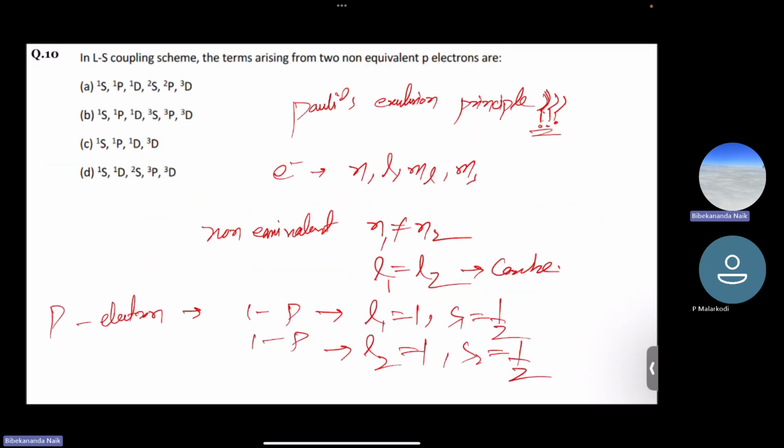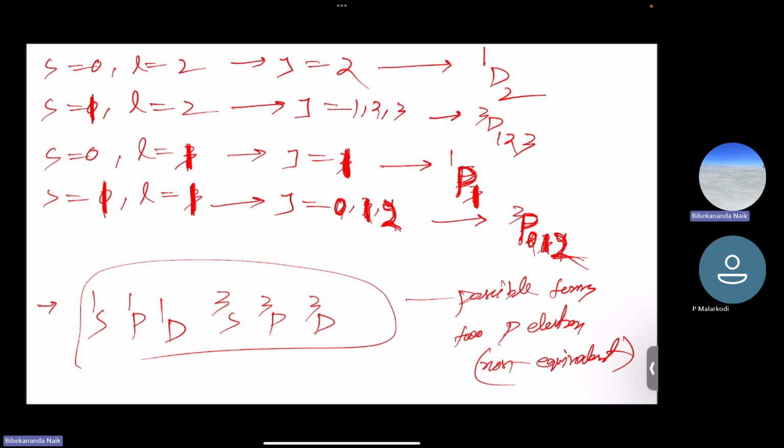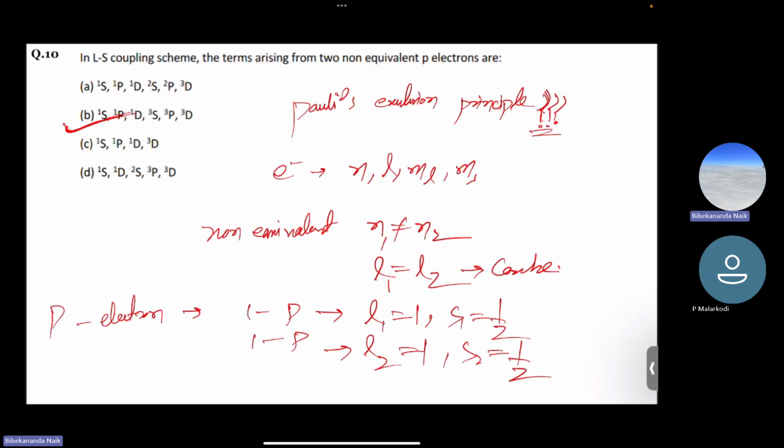It is 1S, 1P, 1D, 3S, 3P, 3D. So for 3S it is 3S1, then 3D1, 2, 3, and 3P0, 1, 2. So the correct option is option B.